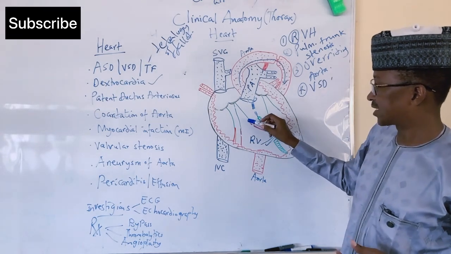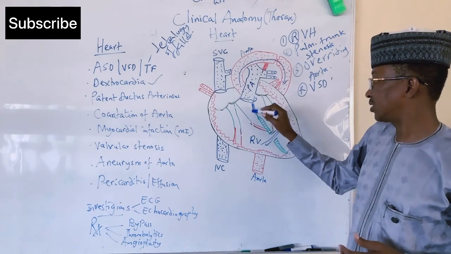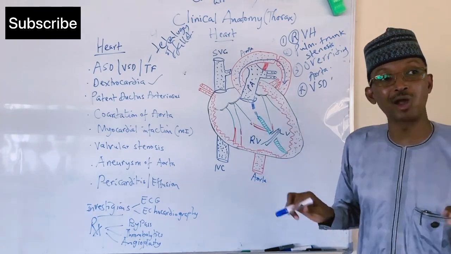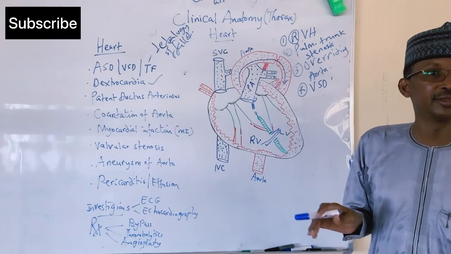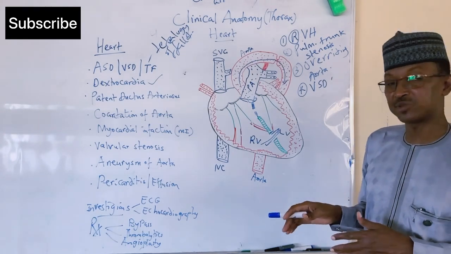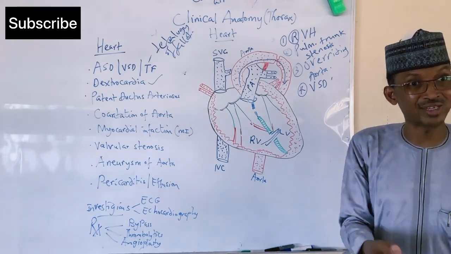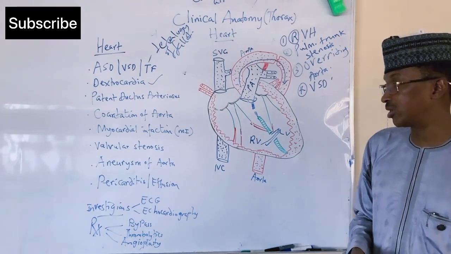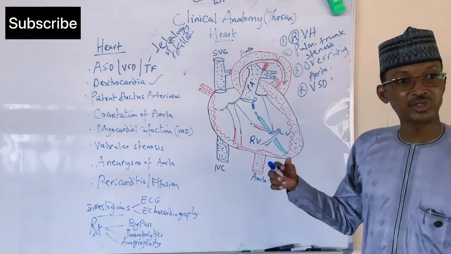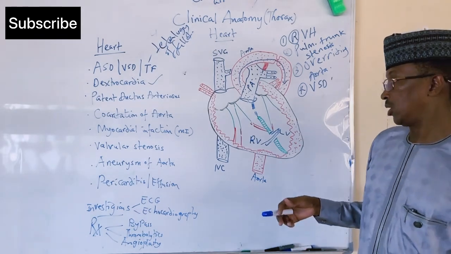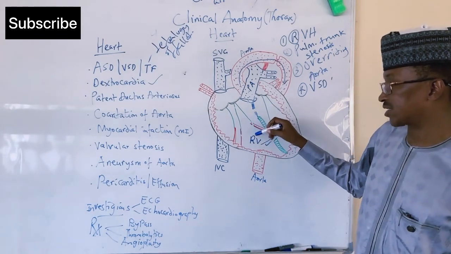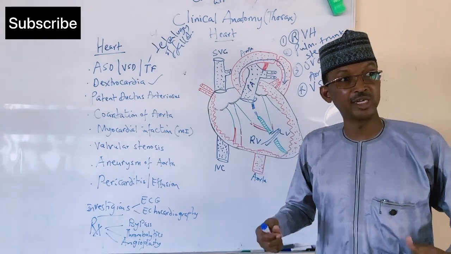So I can say that once any of these coronary arteries is blocked by any of the predisposing factors, like hypertension and diabetes mellitus, these are the common ones that you should know in our environment. So certain chemicals, so the arteries tend to narrow down or tend to get blocked.